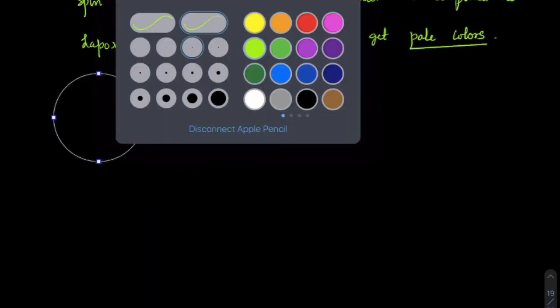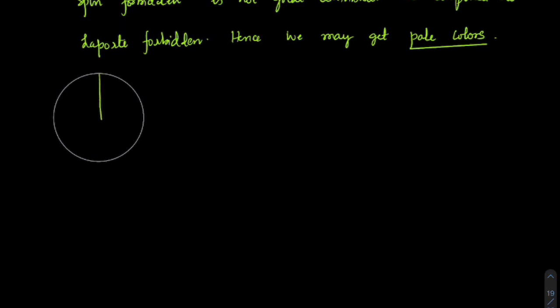So from here, if we take 1, 2, 3, 4, 5 segments, this is V, I, B, then BG, then G, then YG, then Y, then O, R, and purple.